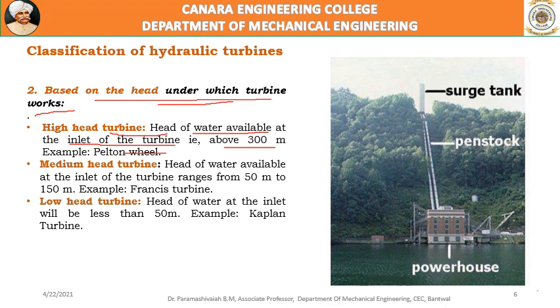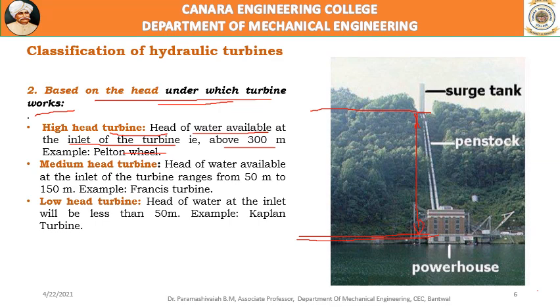If you consider this picture, the turbine is at the bottom, the water is stored in the reservoir at a height, and this is the level of the turbine in the powerhouse. Then this height is nothing but the head of water.